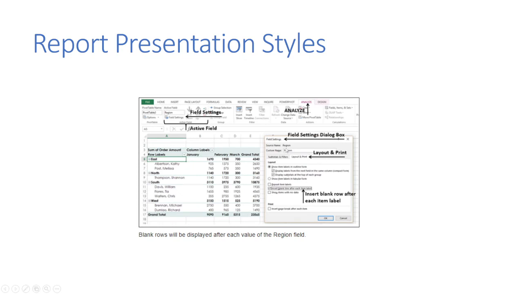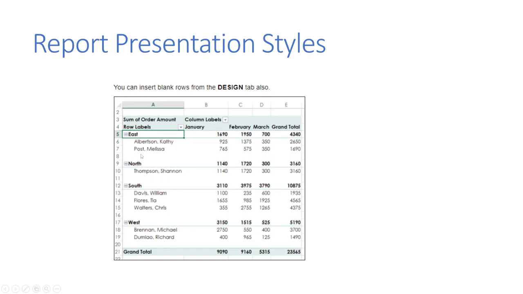Then we click on Insert blank lines after each label. Blank rows will be displayed after each value of the region field. So here we have now blank lines.